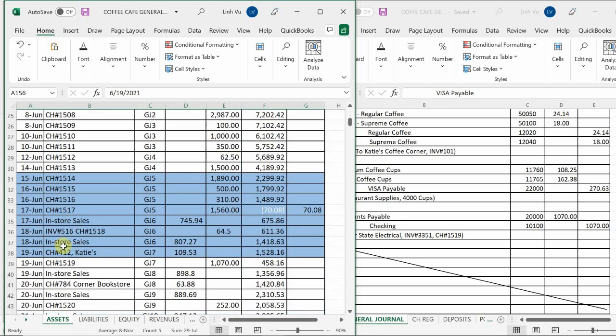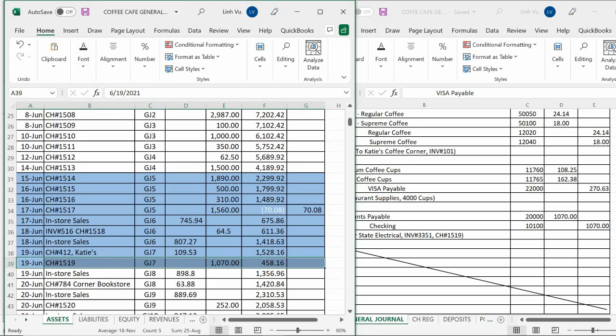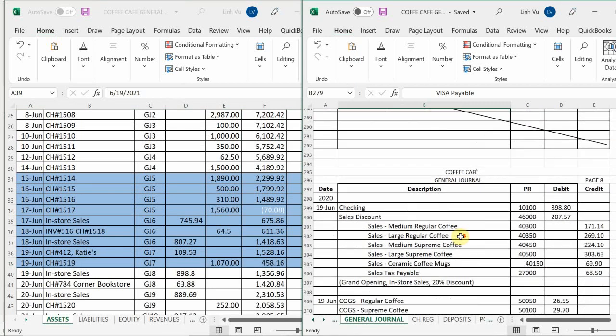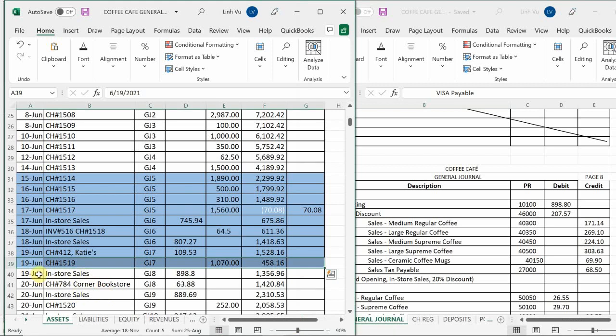We wrote a check for 1070. Okay. Next thing that we have here is another checking and sales discount. Okay. So checking in-store sales for the 898 is correct here.